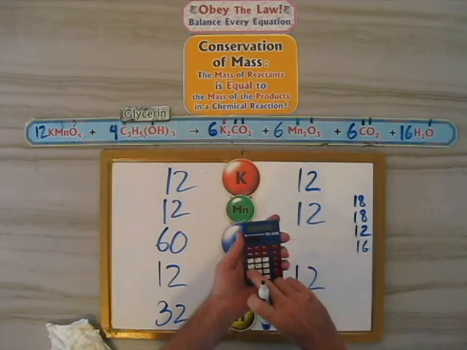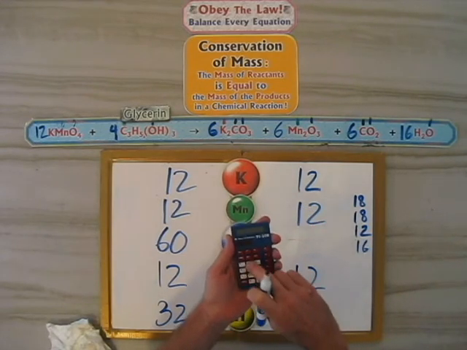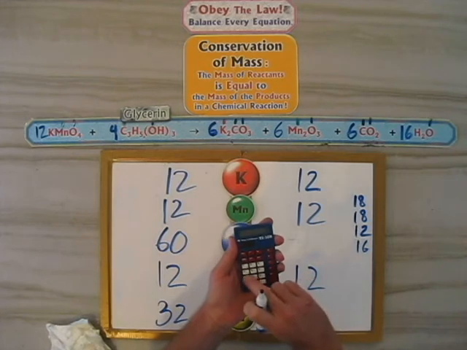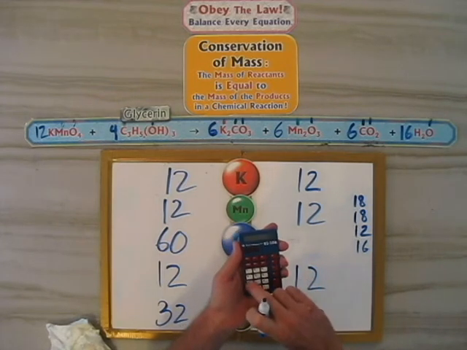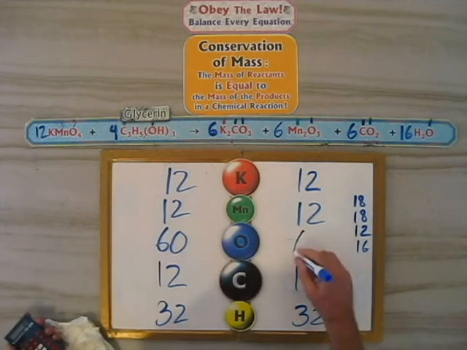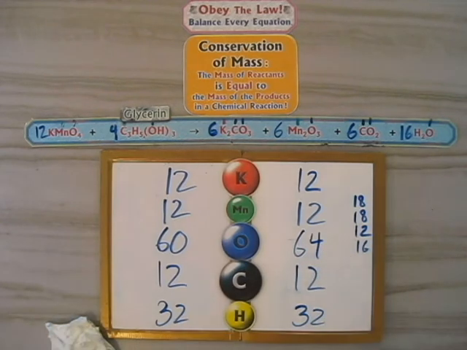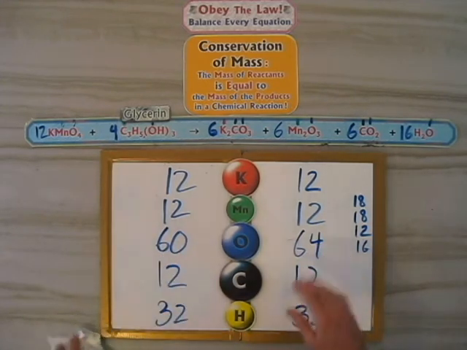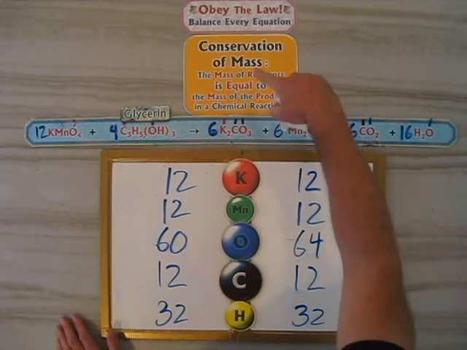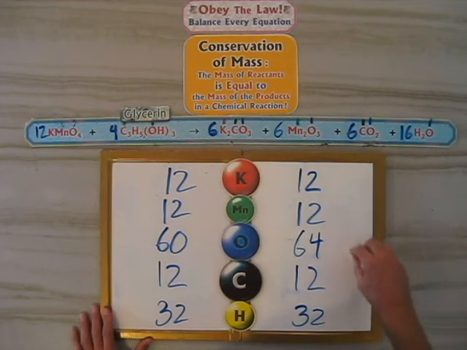So let's see. 18 plus 18 plus 12 plus 16 equals 64. So no, it does not balance the oxygen. Although it's pretty close, but that's not good enough. That's breaking the law. We must obey the law.